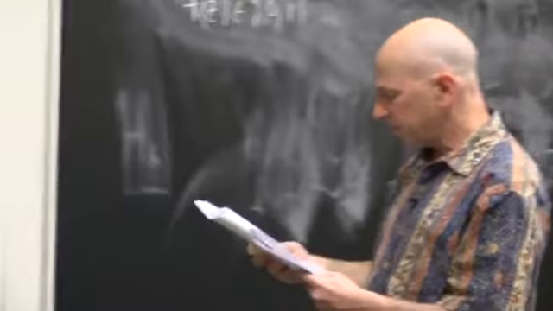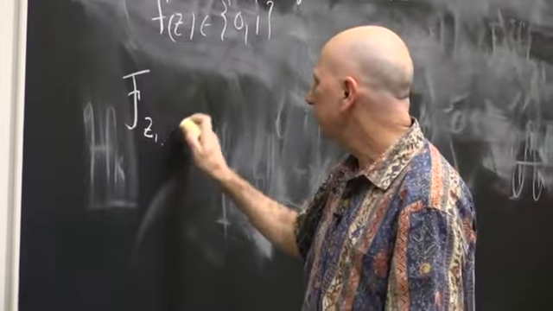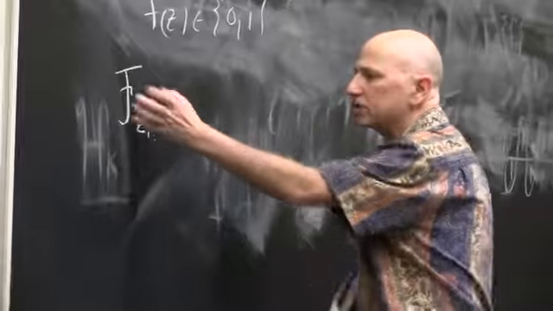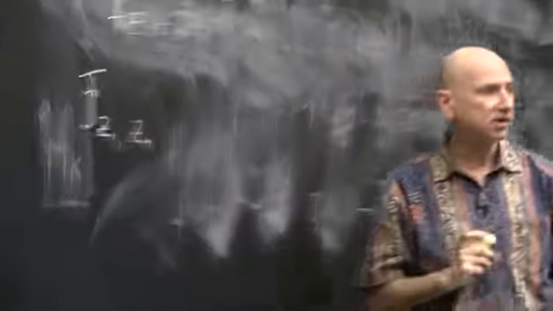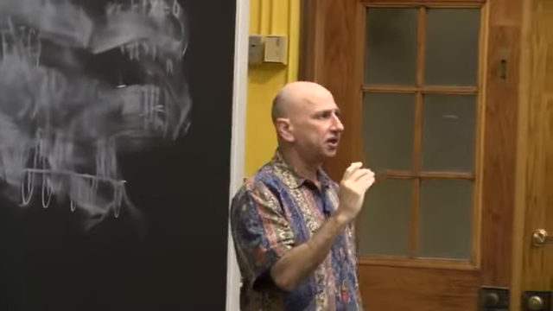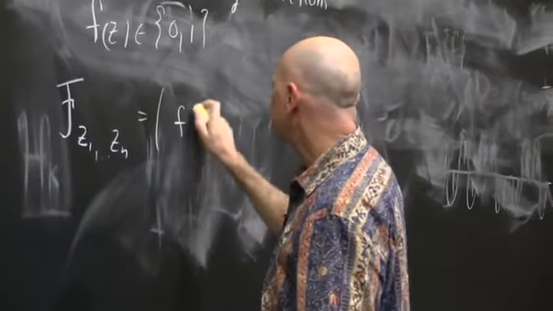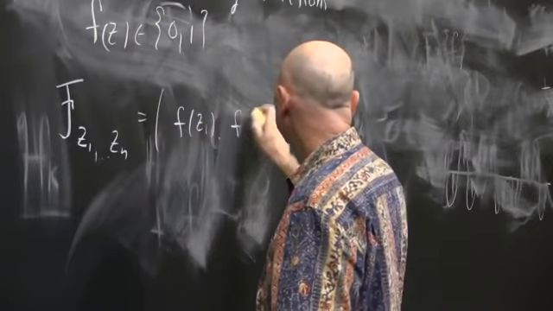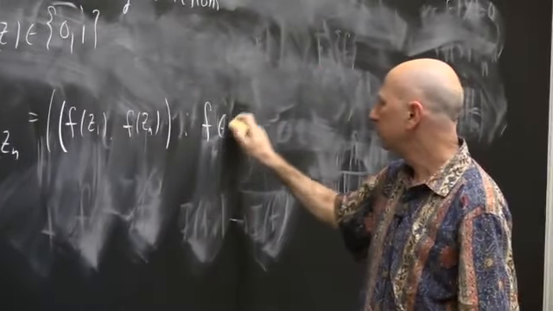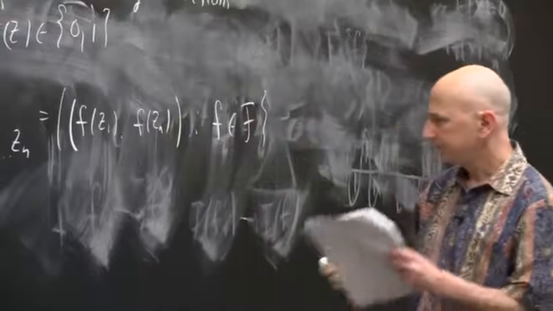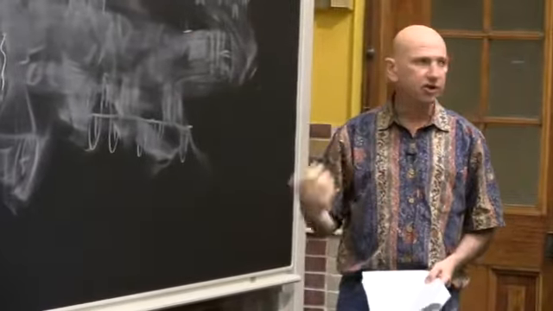Now, a little bit of notation: people usually write script F sub z1 to zn. This is for a finite sequence of points. That just means take each function and evaluate it at those points, so that becomes a set of vectors. It's called the projection onto the points.